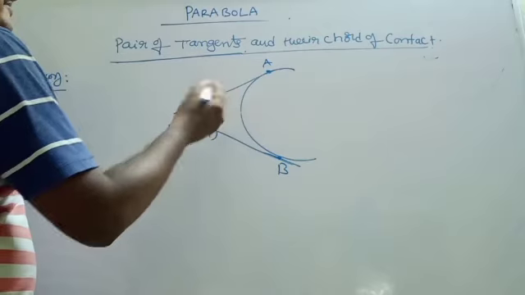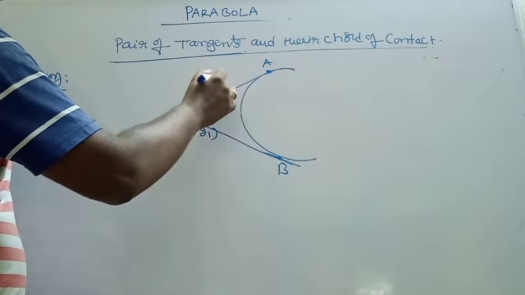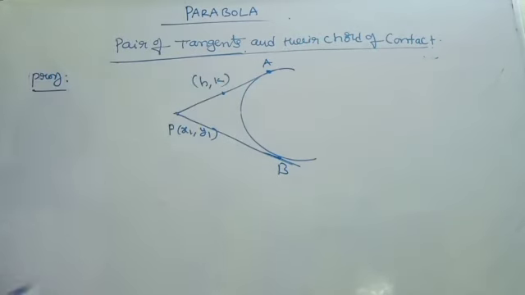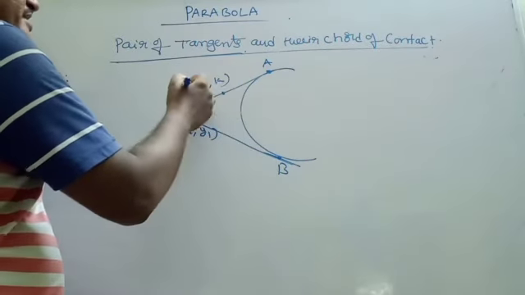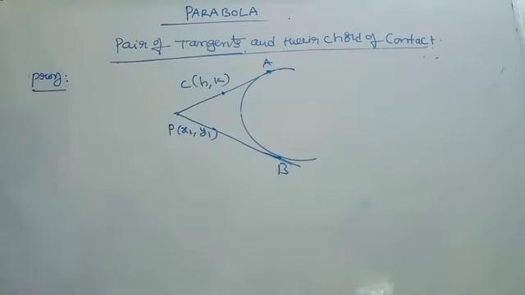And you take any general point (h, k) on the tangent. Any point on the tangent of the parabola, and this is the external point. We know that from that external point we can draw two tangents.